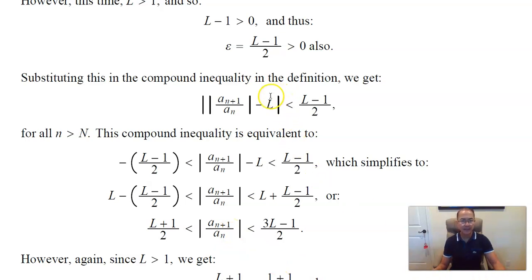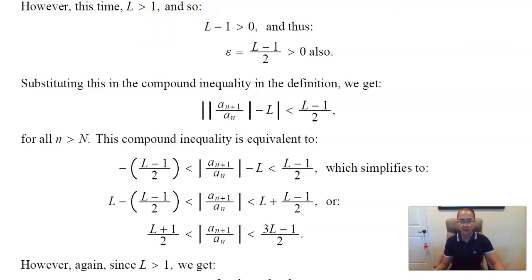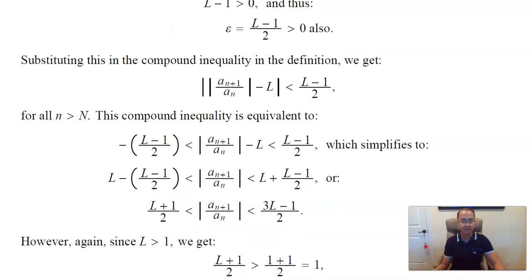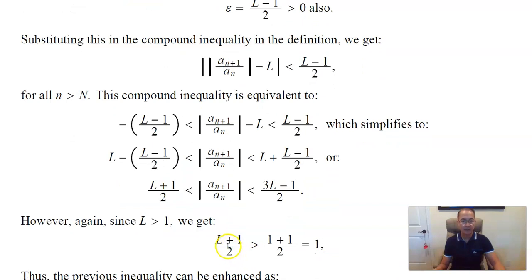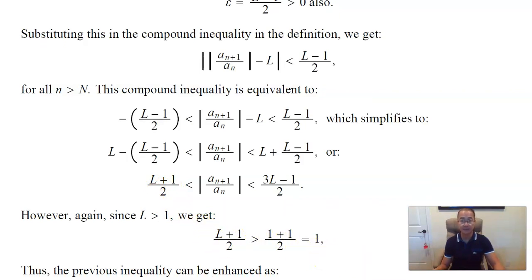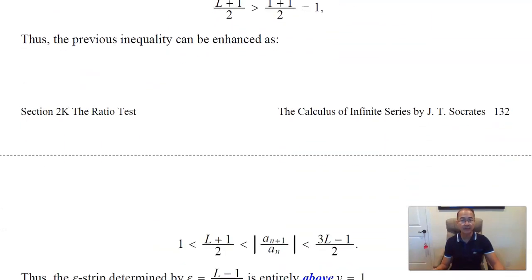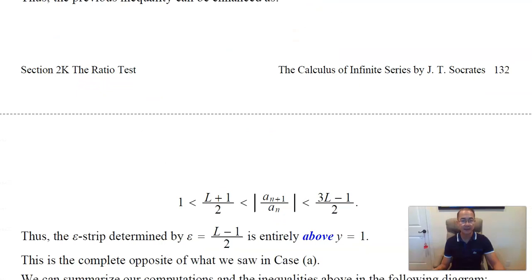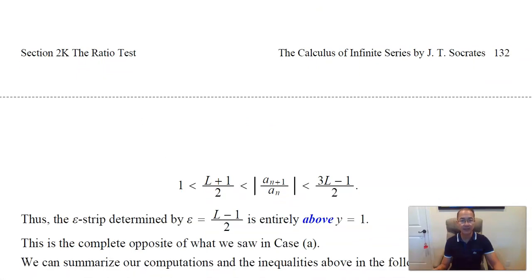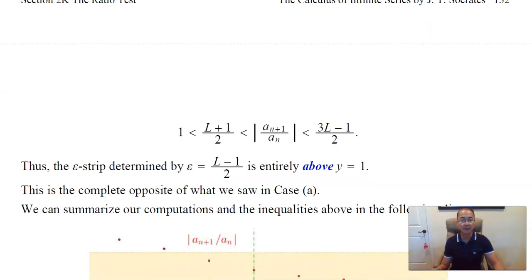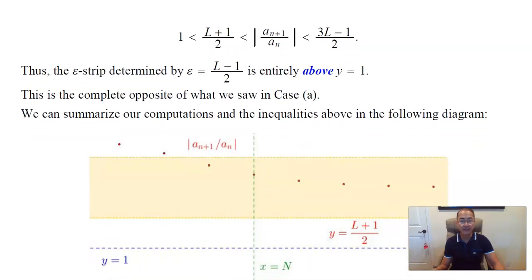Okay? But L is bigger than 1. We can still see it over here. So this time, L plus 1 over 2, which is this smaller number, is going to be bigger than 1 plus 1 over 2, or 1. Okay? So therefore, we can write this as the absolute value of a N plus 1 over a N. Let me get out of the way here.